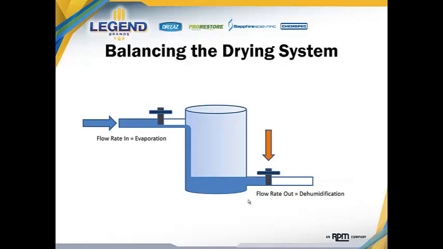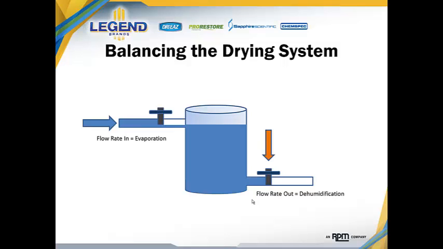If it's not appropriate and we're not pulling water out fast enough, then what you're going to observe is a very rapid increase in humidity in the environment. Now, you'll always see an increase in humidity when you first get started, but that increase in humidity should never exceed about 60% relative humidity. If it's getting well above 60%, you don't have enough humidity control.